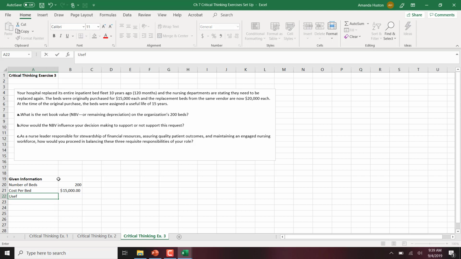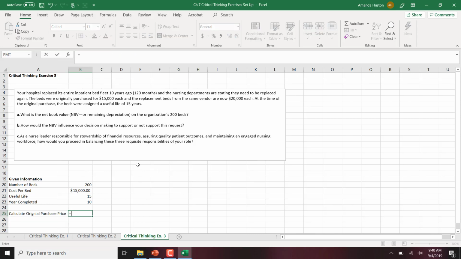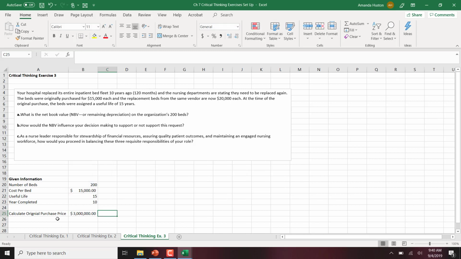Useful life is 15 years, and years completed is 10. So calculate original purchase price. So the original purchase price would be the 200 beds times 15,000 per bed.